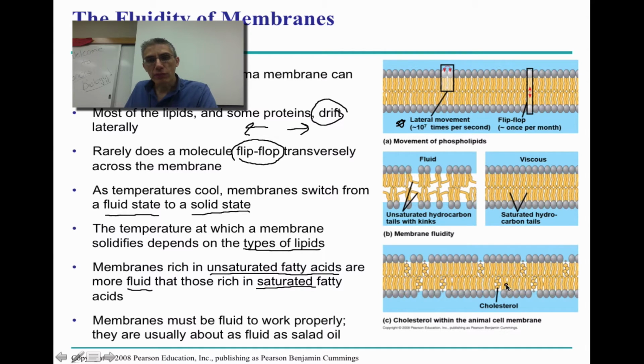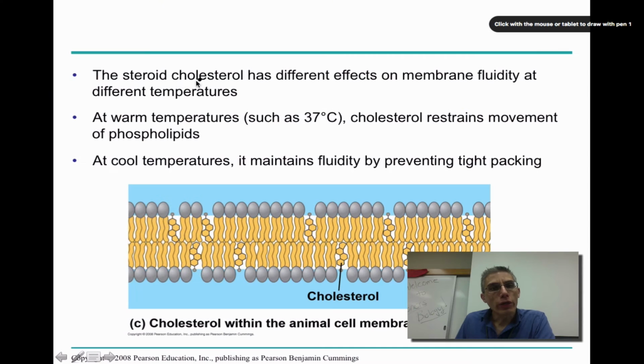And as I had said, sometimes you will find other types of fats or lipids within this bilayer. Down here we have a good example of that, which is this cholesterol, which is embedded within that layer. The steroid cholesterol that we saw in the previous slide is going to have different effects on membrane fluidity at different temperatures.